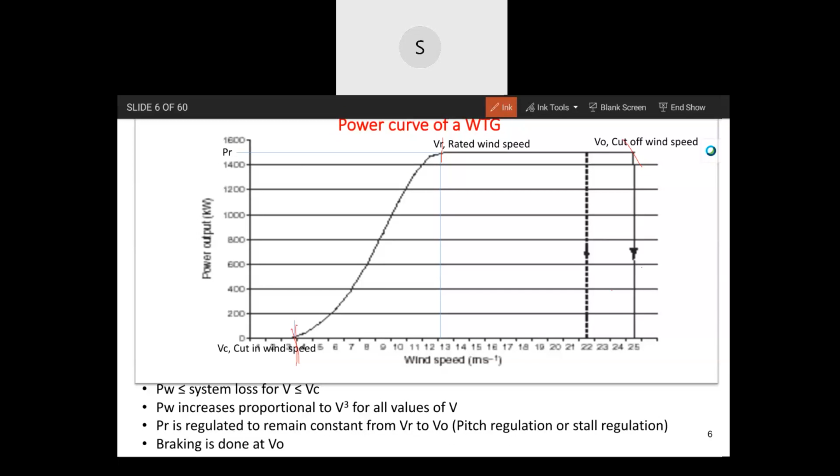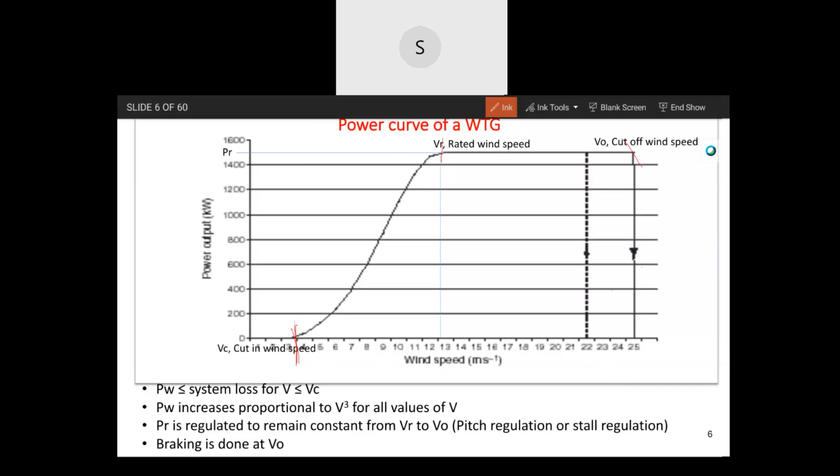To get any useful output, I repeat, to get any useful output at the generator terminals, the input power should be having some value above the total losses in the system. So below the cut-in wind speed, the power in the wind is not sufficient to meet the losses. Whatever losses are applicable there, that magnitude will not be sufficient. That's why it is not able to give an output, or not generating.